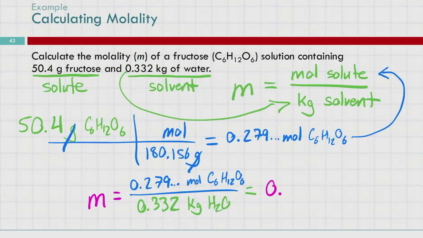We get a value of 0.843 lowercase m C6H12O6.